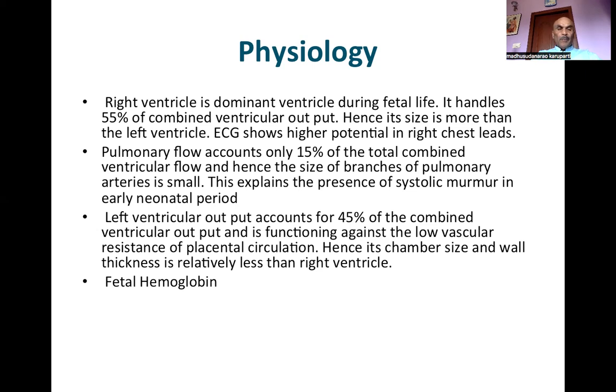So it is very important during fetal life because gaseous exchange takes place at the placenta, where the oxygen content is much lesser than that in the alveoli of the lung. In this hypoxic environment, fetal hemoglobin plays an important role to grasp more oxygen and get saturated to 100%.